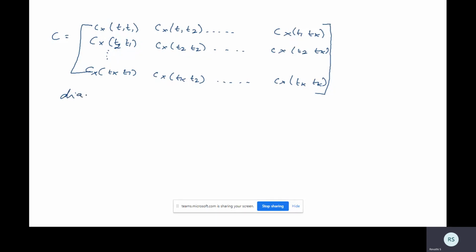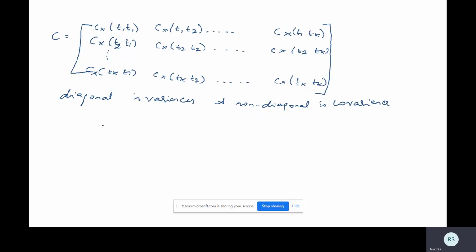So you can remember accordingly: diagonal is variances and non-diagonal is covariance. So please understand, you should only know the mean and the covariance of the random variable. If you know only these two things, you can define the Gaussian random variable.